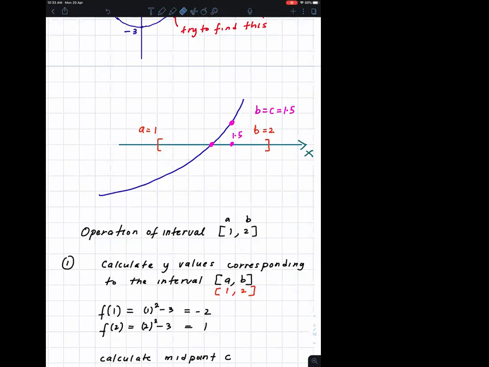So that will bring this interval closer to the root. So the idea is you want to move the interval as close as possible until B minus A becomes very, very small. In this case, we want 0.01. Is there any question?